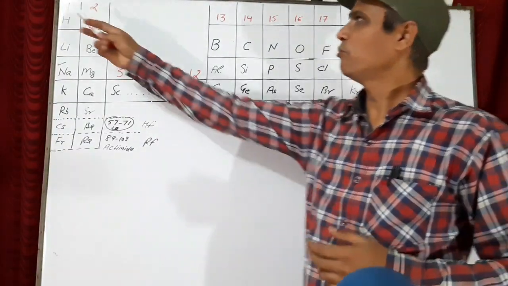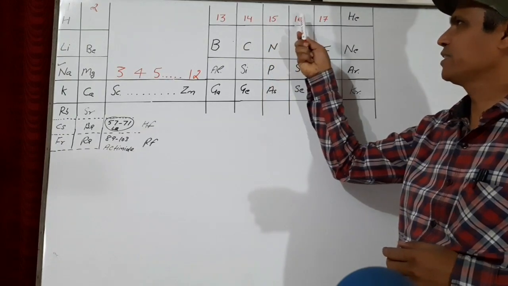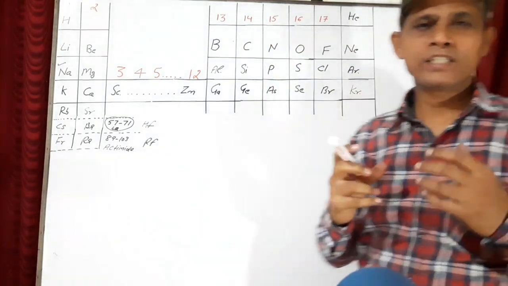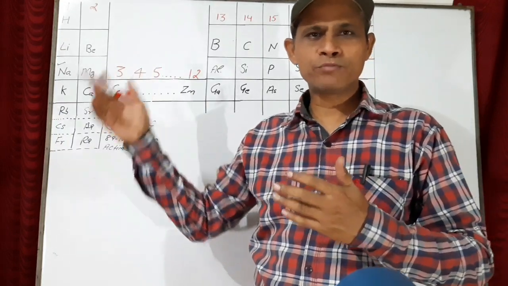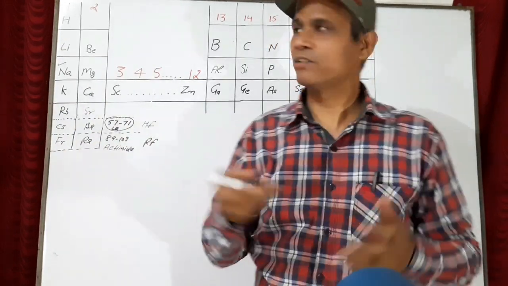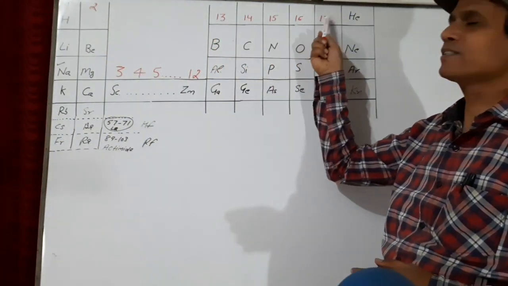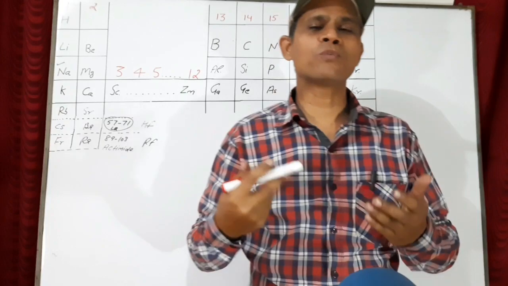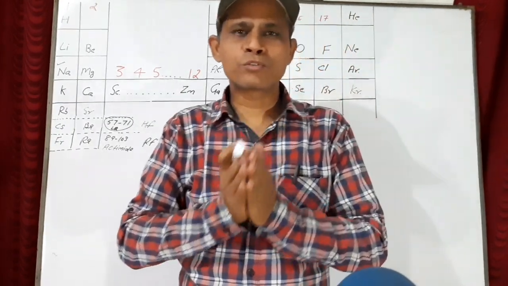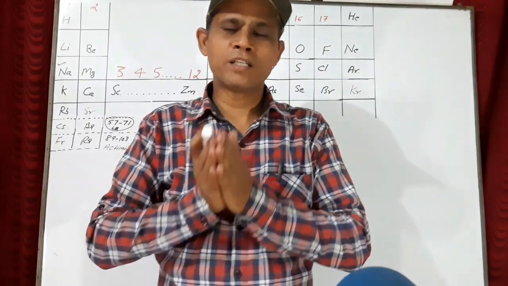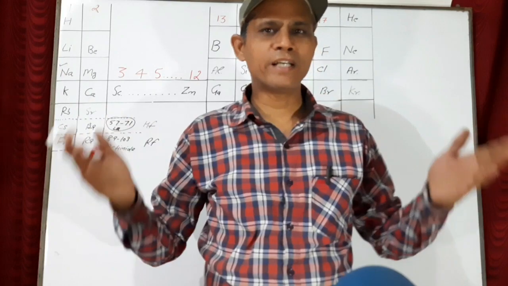Group number 1, 2, 13, 14, 15, 16, 17 contain 1, 2, 3, 4, 5, 6, 7 electrons in their outermost shell. Therefore, these elements are also known as main elements or representative elements.